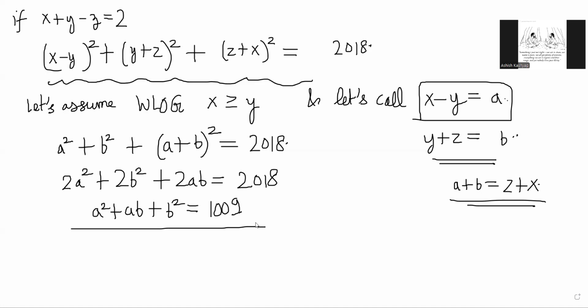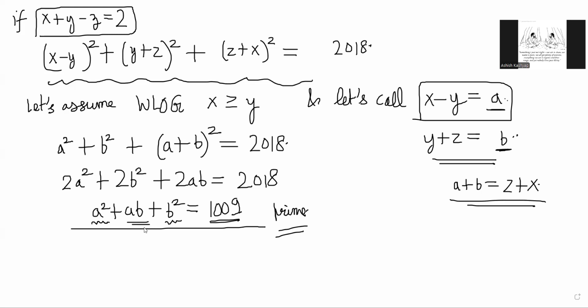Yes, sir. This is coming now, and overall this case is there. x plus y minus z is 2, and a square plus ab plus b square is 1009, and this is a prime number. We have to think of what integers a and b can satisfy this situation. Notice that there are a sum of two squares, and then there is an ab product also.